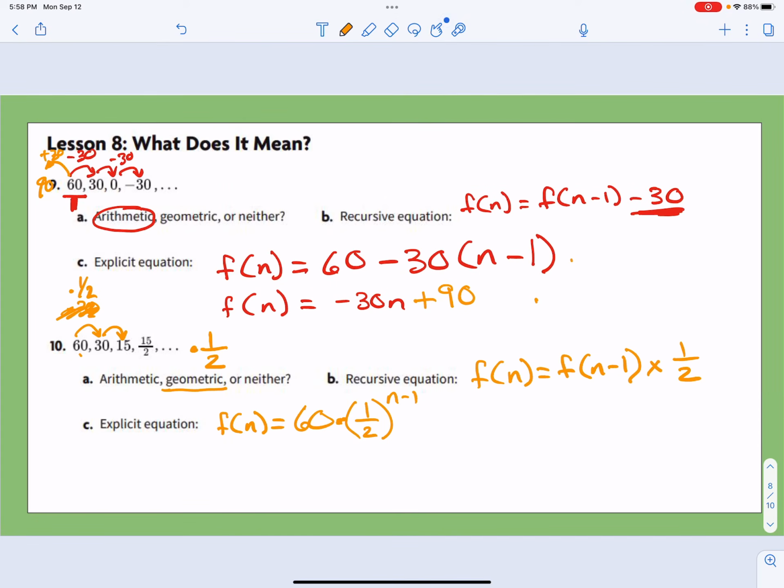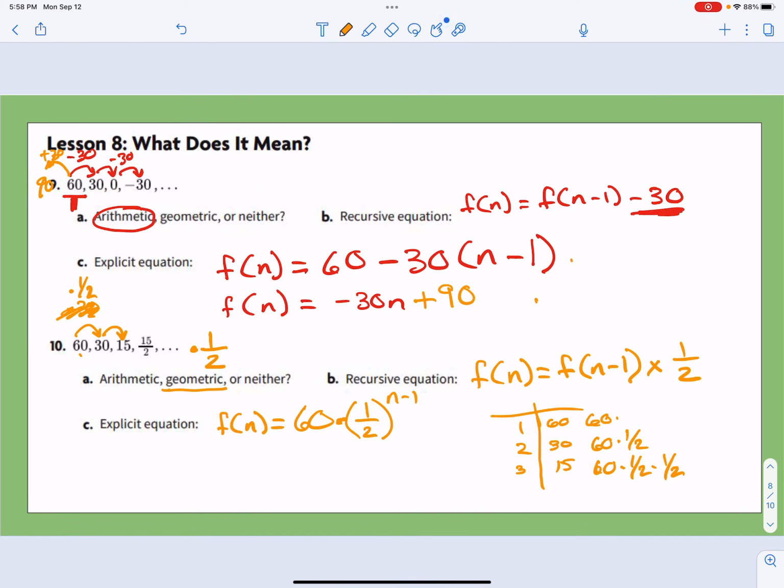Now, the way we used to figure that out was with the table, if you recall. We'd make the table like this. We'd say 1 was 60, 2 was 30, 3 was 15, and we looked and said what was happening. This was 60 times nothing. This was 60 times 1/2. This was 60 times 1/2 times 1/2.